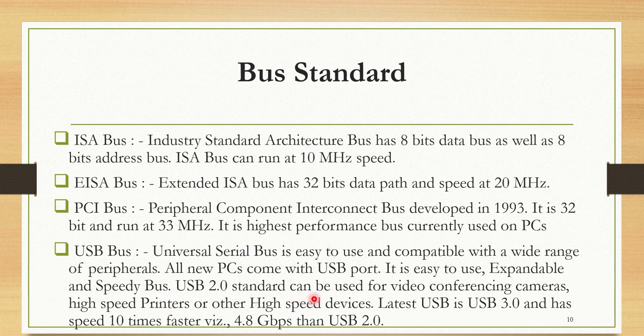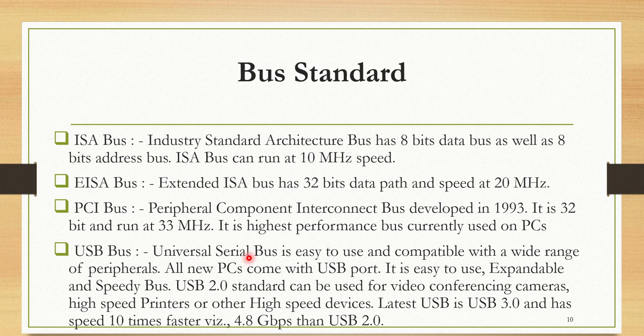The USB 2.0 standard can be used for video conferencing cameras, high speed printers or other high speed devices, because it is a high speed bus. The latest is USB 3.0, which has 10 times faster speed, that means 4.8 Gbps, compared to USB 2.0.